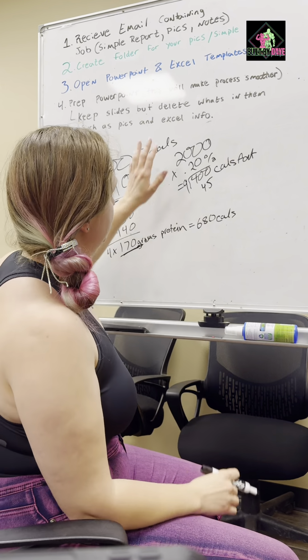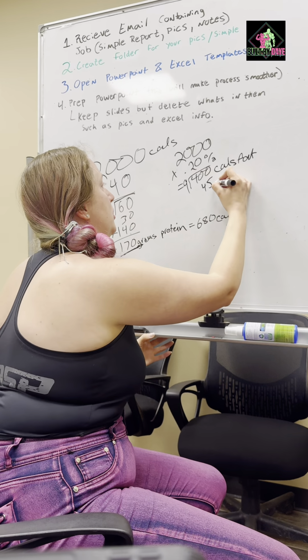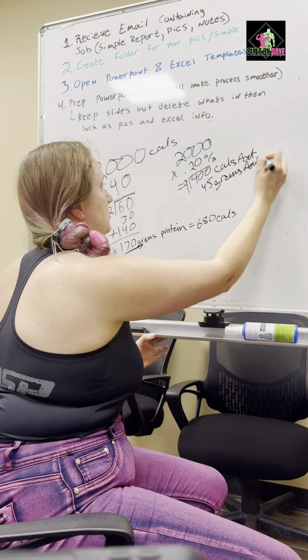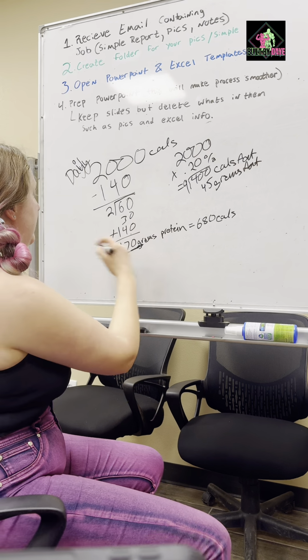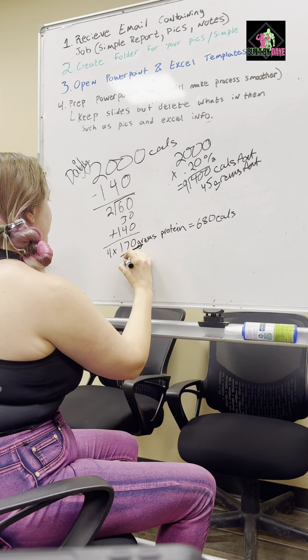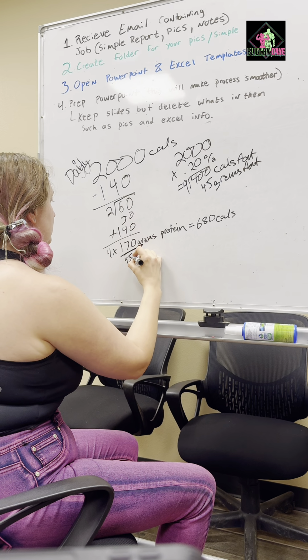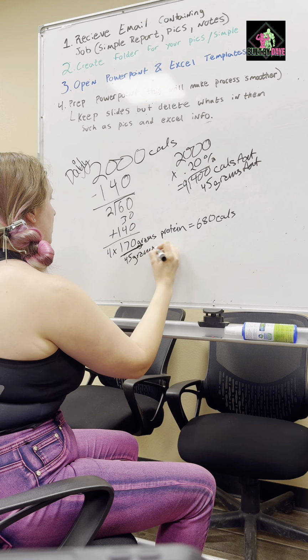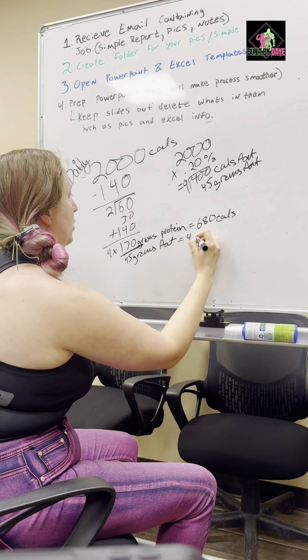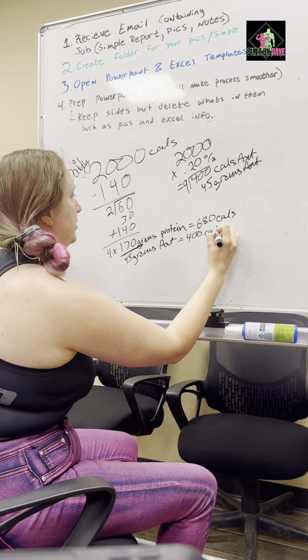I'm not doing all the breakdown jazz. 45 grams of fat. All right. So now we know that every day we need 45 grams of fat, which equals 400 calories.